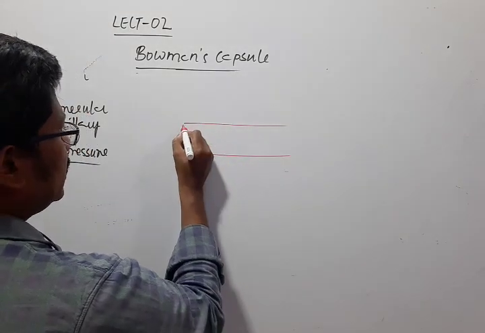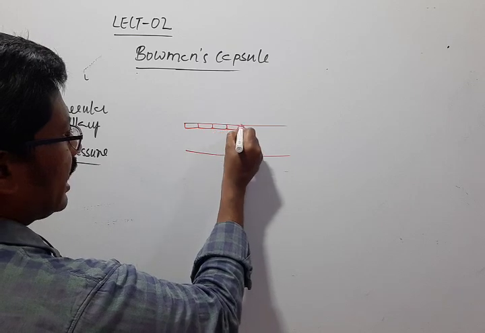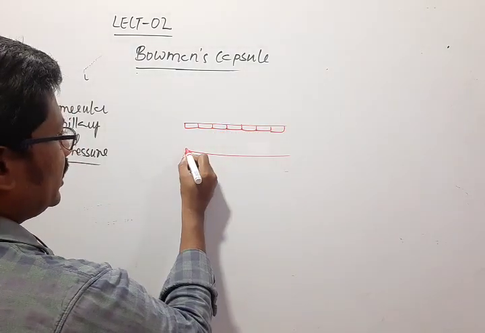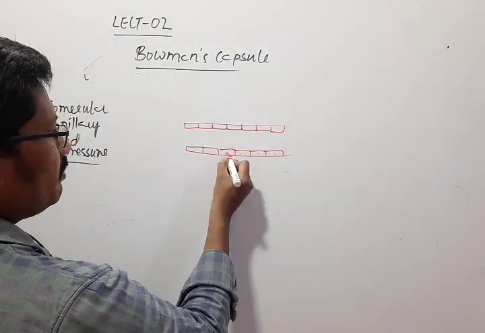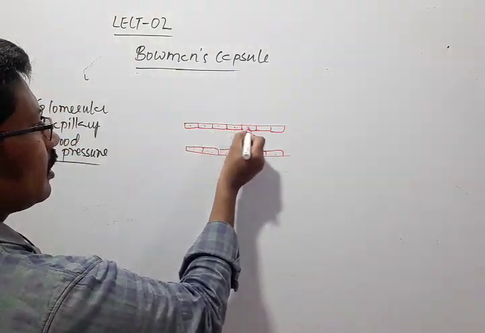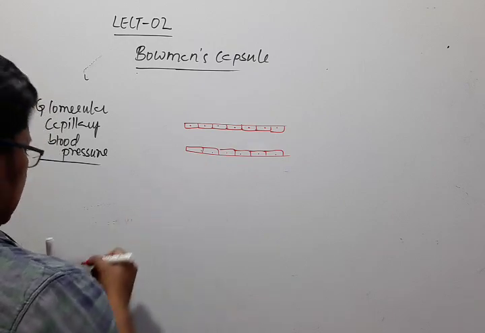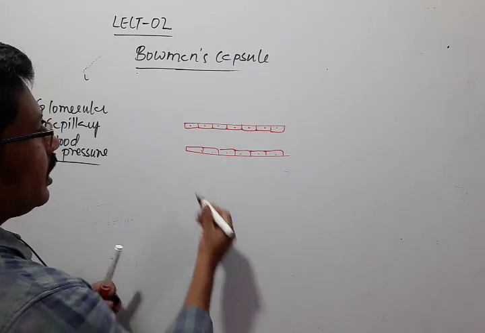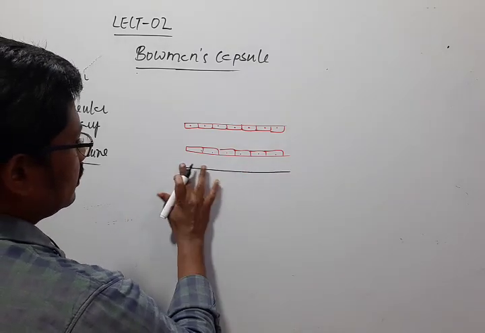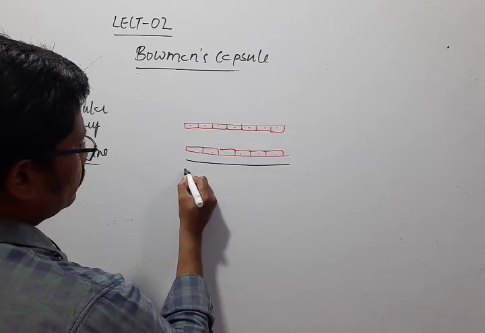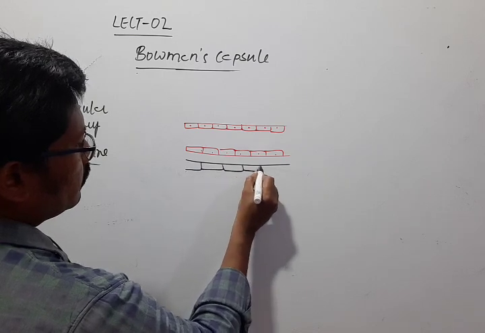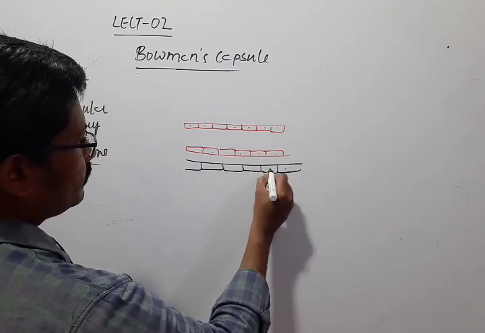So this is the capillary. We know the capillaries will have endothelium and a basement membrane. And this is the epithelium of Bowman's capsule.